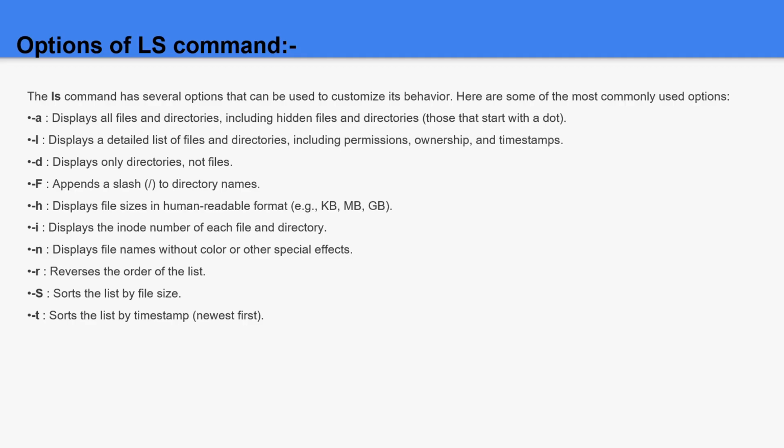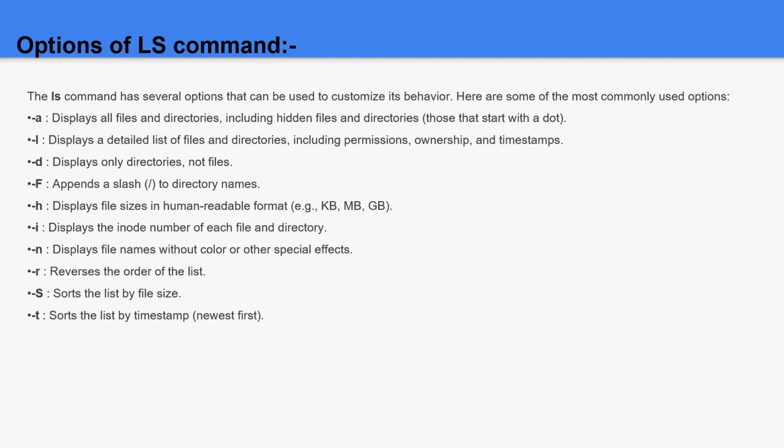And these are some other options: hyphen l, hyphen d, hyphen f, hyphen h, hyphen i, hyphen n, hyphen r, hyphen s, hyphen t. You can pause the video and see the usage of each of these commands, and then move to the next slide.